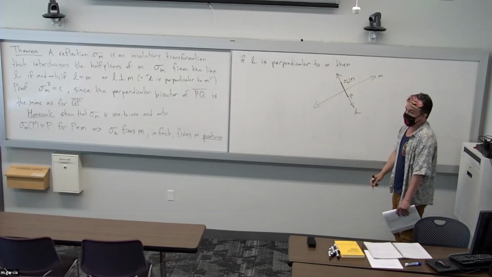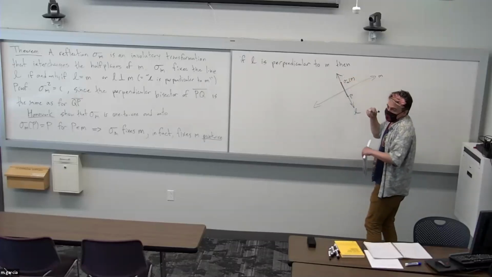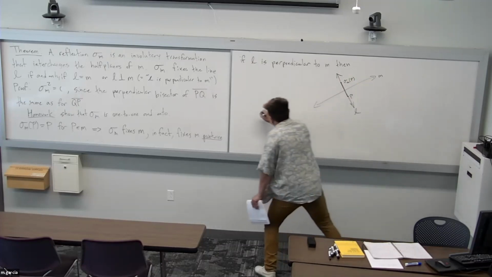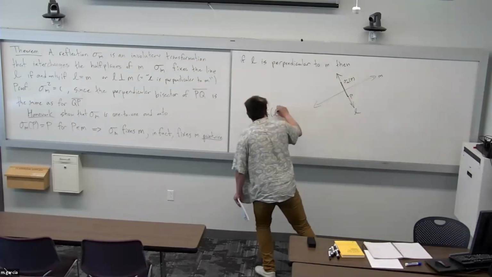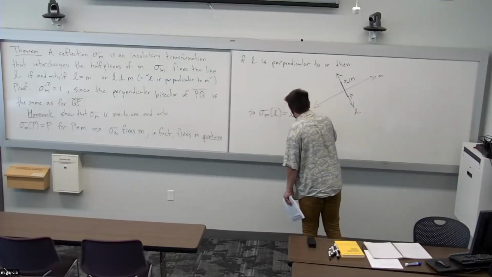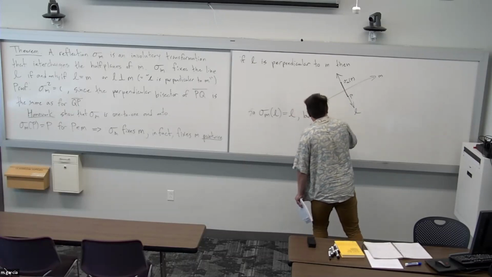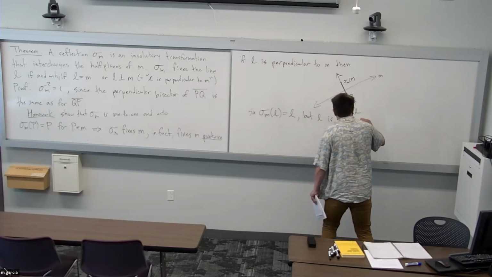So you'll always end up on the same line. So sigma sub M of L is equal to L, but L is not fixed pointwise.